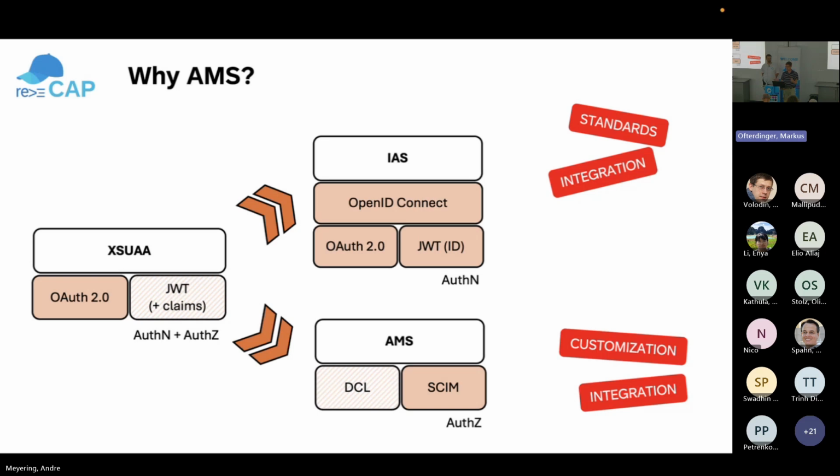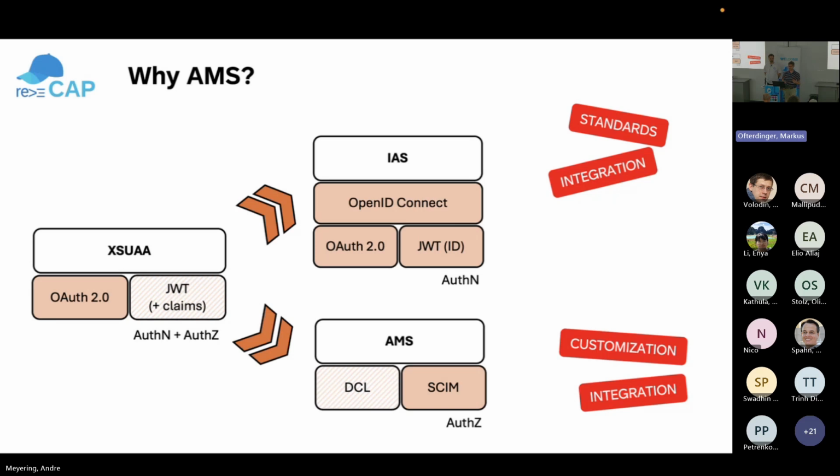That's within BTP, but also towards non-BTP endpoints. So for example, connecting your BTP application with LOB endpoints like SuccessFactors or an S4 system, but also non-SAP endpoints. Building on open standards is the base ground for that.